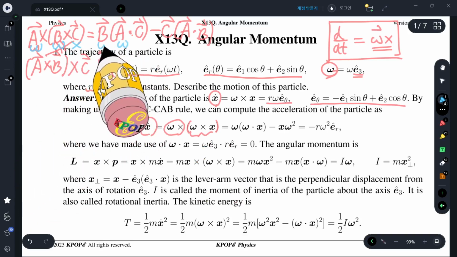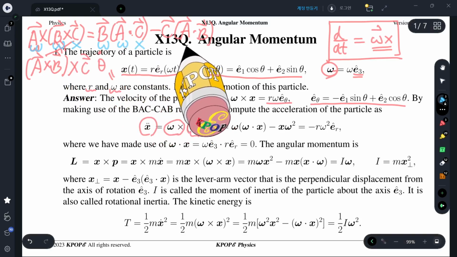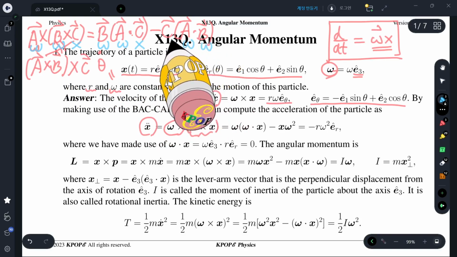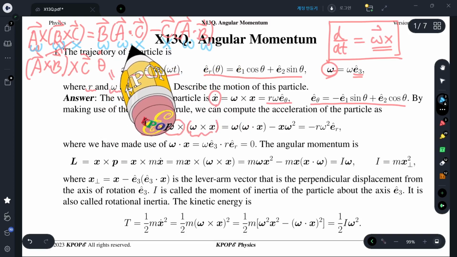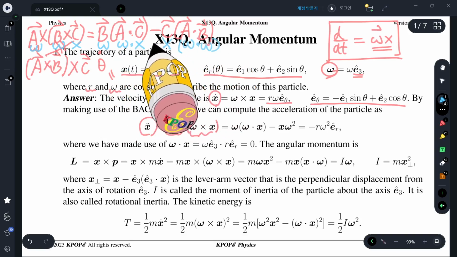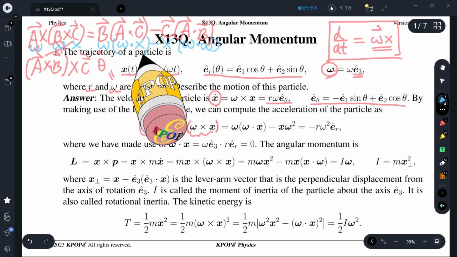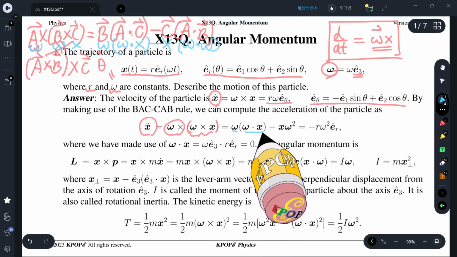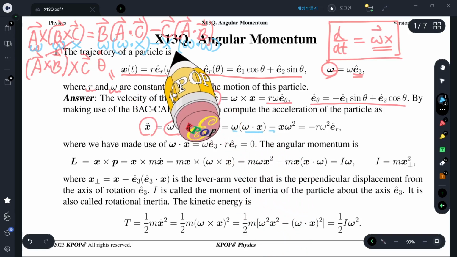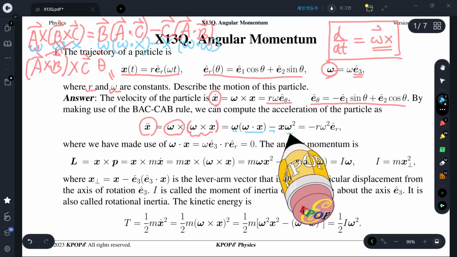A, B, C. So the final result is like that: omega dot x omega minus x omega squared.